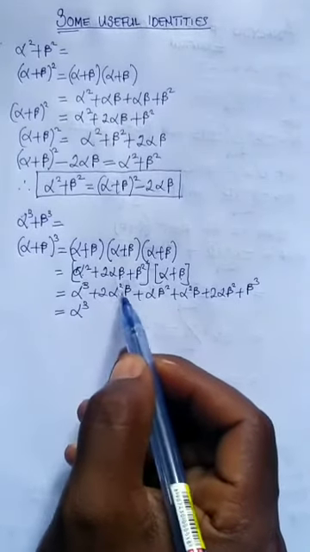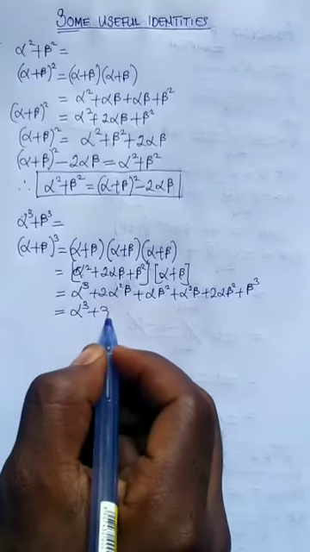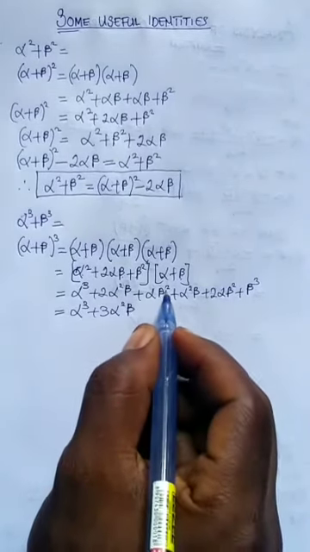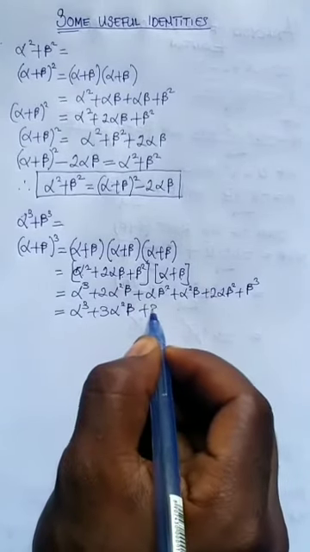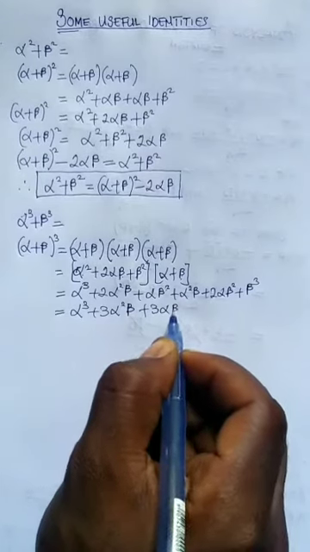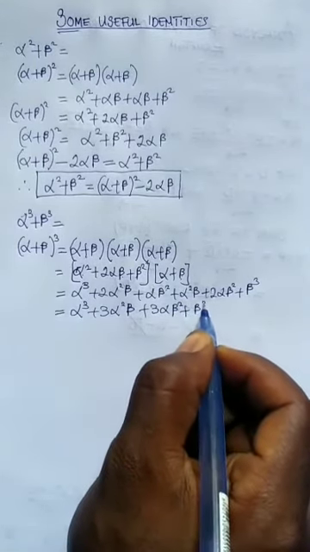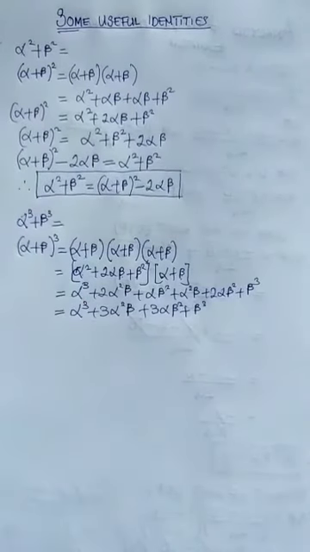This is 2 alpha square beta, and this is 1 alpha square beta to give you 3 alpha square beta. And this is 1 alpha beta square plus 2 alpha beta square, which gives you plus 3 alpha beta square. Then we're left with plus beta cube, right? So this is what we're having when you expand this.